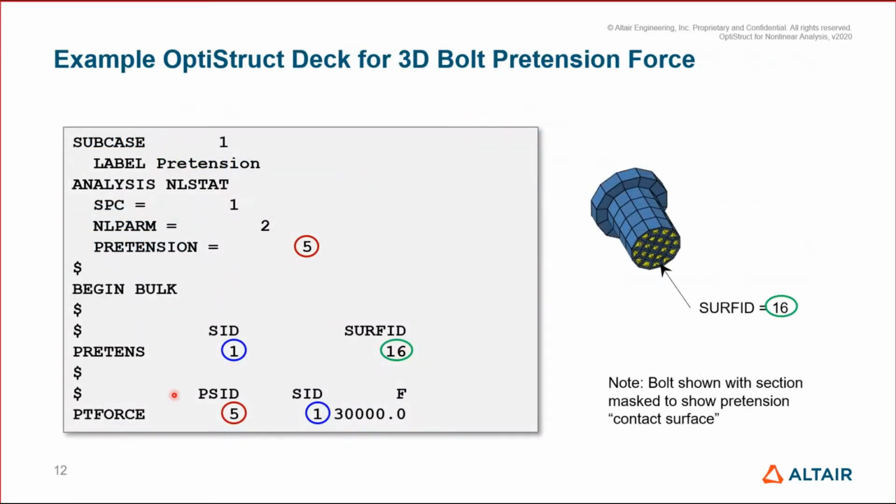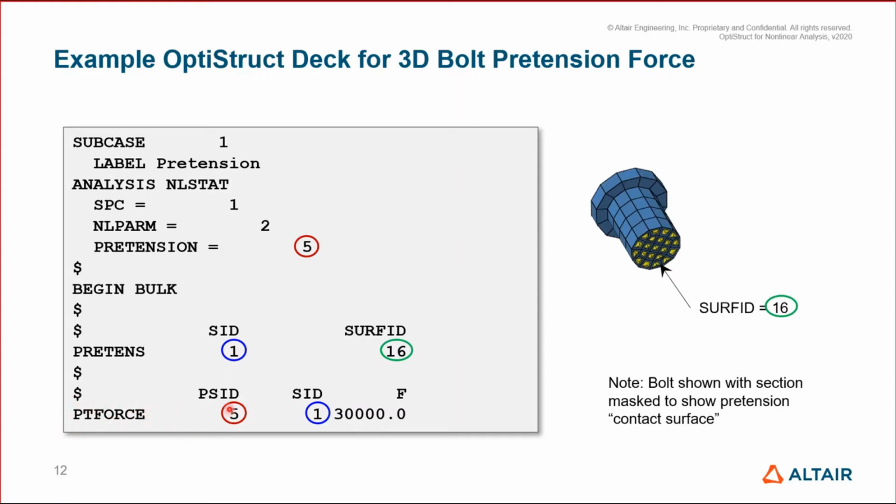On the cards, you see something like this, where the pretension is going to be applied on this surface ID. The surface ID here is similar to a contact surface; they are the same type of surface.